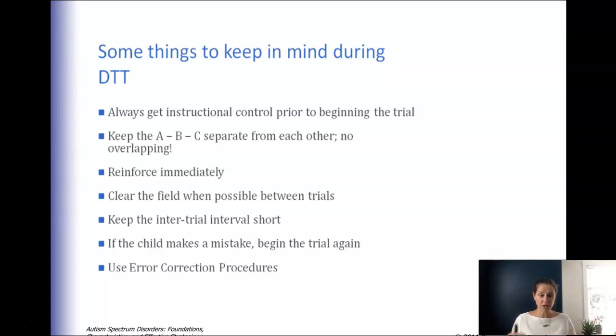You don't want to rush anything or begin to give the consequence, the reinforcer, for instance, as the behavior is occurring. So it's done individually, separately, but as soon as the behavior is complete, you want to reinforce it immediately. And as you're reinforcing the behavior, so for instance, as the child is playing with the car for 15 to 30 seconds, you're going to clear the space and get ready for the next trial.